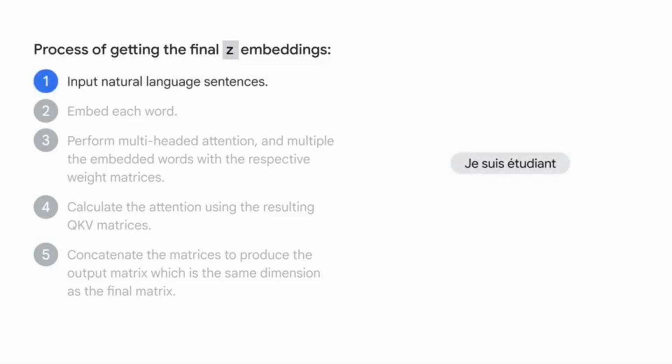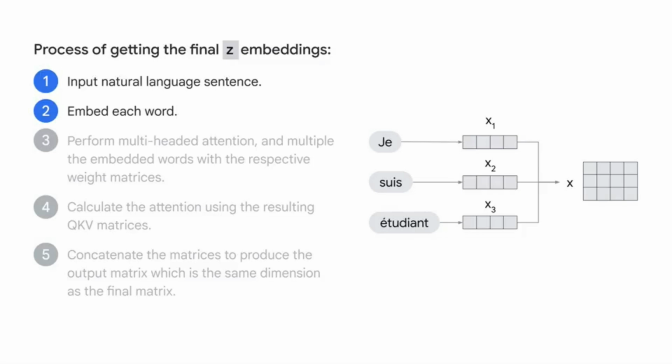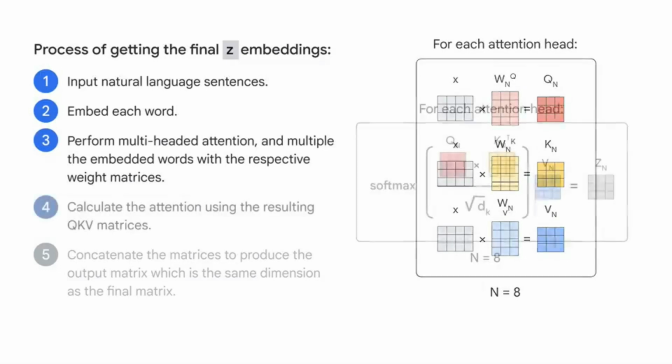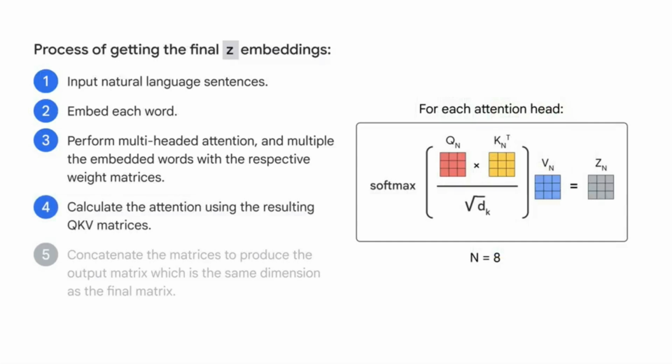We start with the natural language sentence, embed each word in the sentence. After that, we perform multi-headed attention, 8 times in this case, and multiply this embedded word with the respective weighted matrices. We then calculate the attention using the resulting QKV matrices.